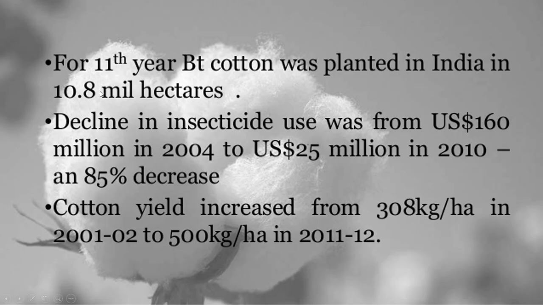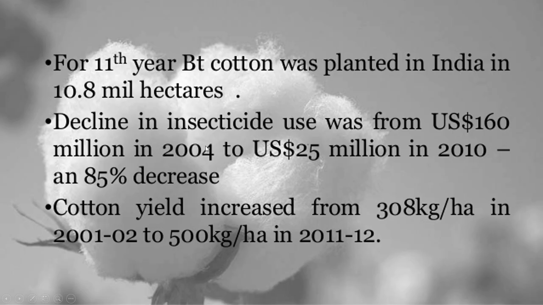For the 11th year, Bt cotton was planted in India on 10.8 million hectares. The decline in insecticide use was from US $160 million in 2004 to US $25 million in 2010, about 85%. So this was the economic advantage of using Bt cotton.